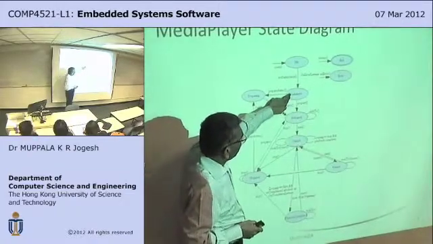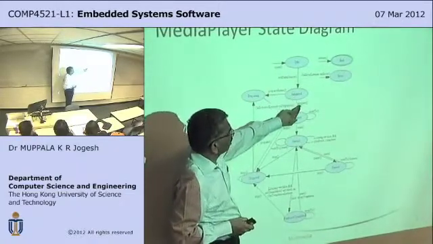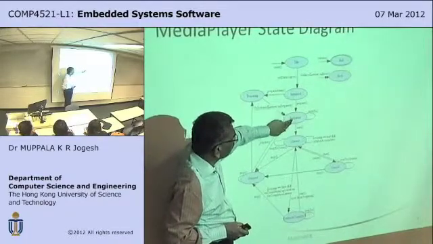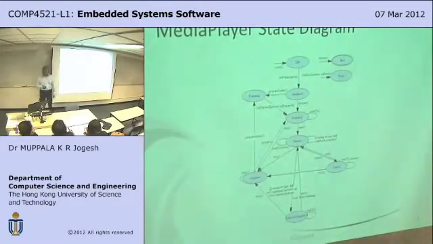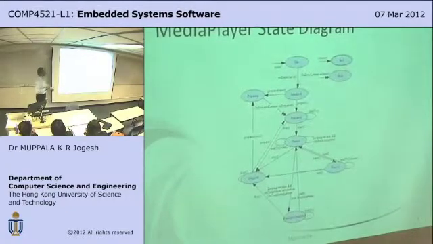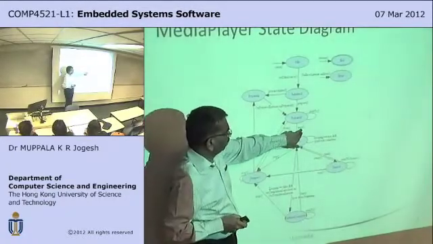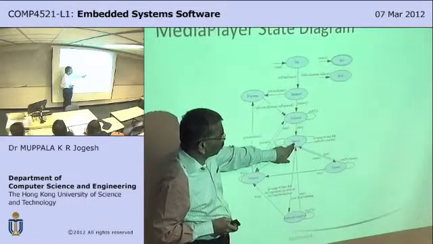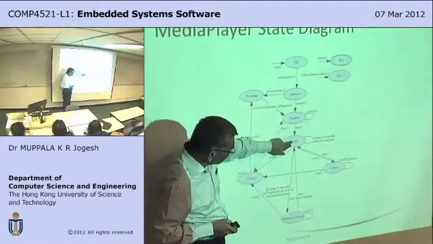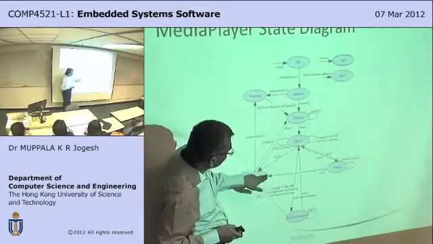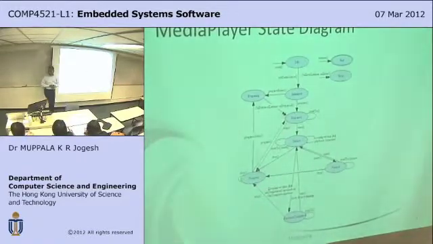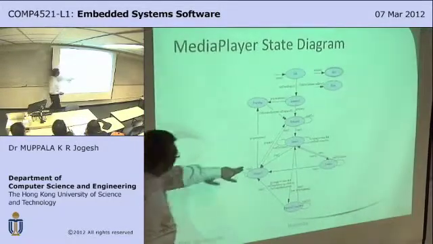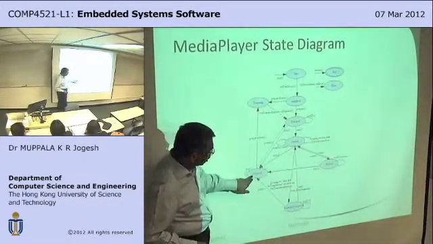In the initialized state, when you call the function prepare, then the media player is moved into the prepared state. And from the prepared state, when you call the start method, it is moved into the started state. From the started state, when you call the stop method, you get to the stop state.